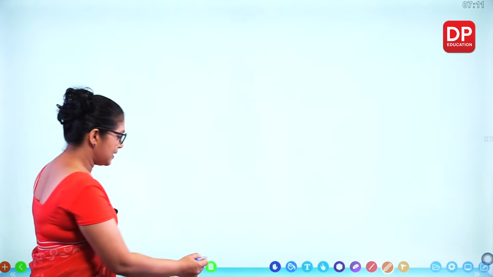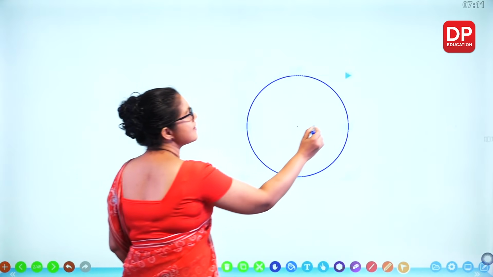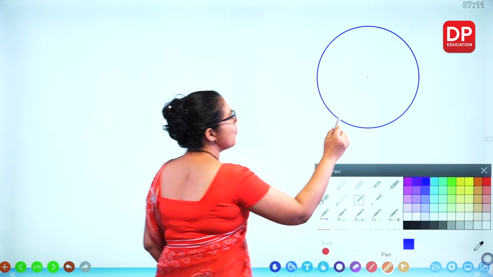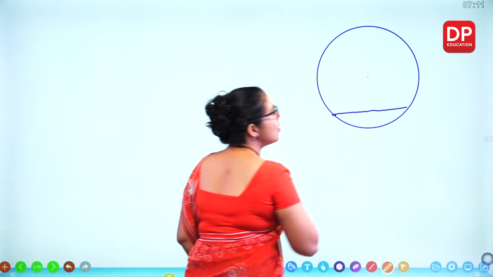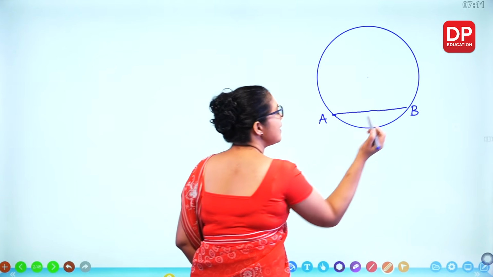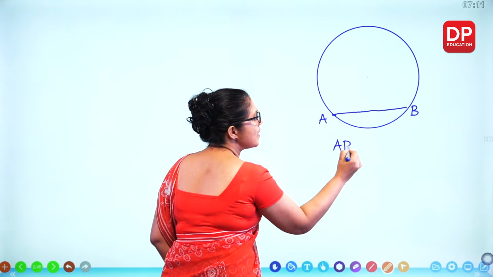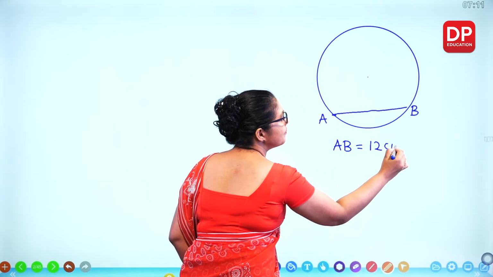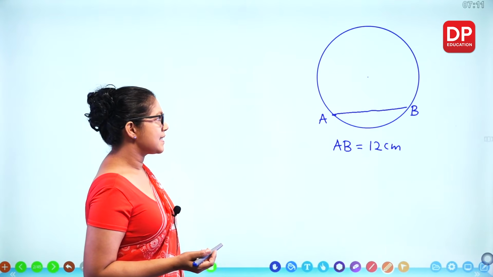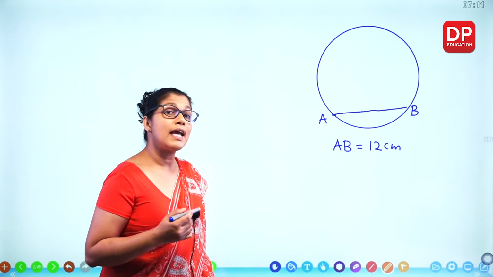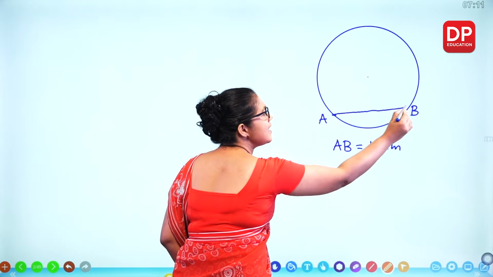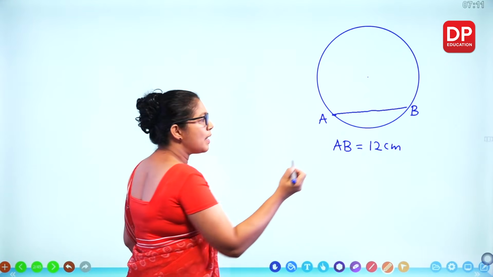Now, we'll take this circle and I want to draw a chord AB. Let's say AB is 12 centimeters. That means here to here the length is 12 centimeters. And if I want to take the midpoint of the chord, what does midpoint mean? Dividing this chord into 2 equal parts.